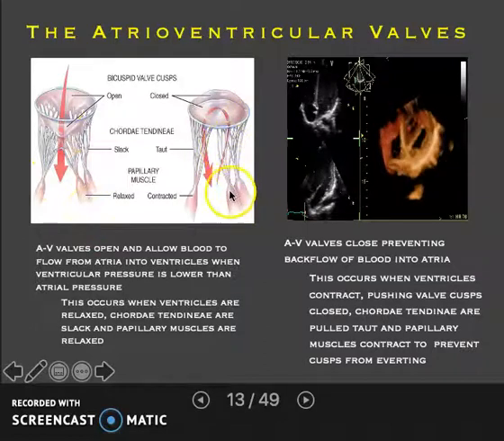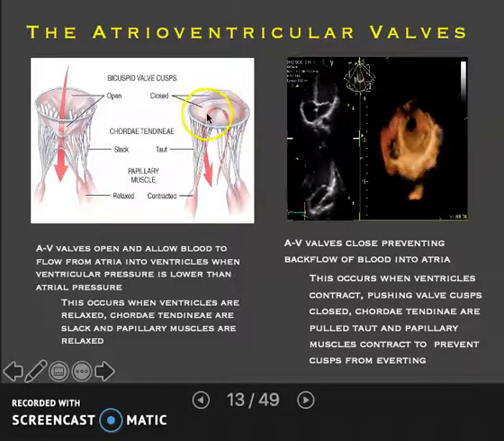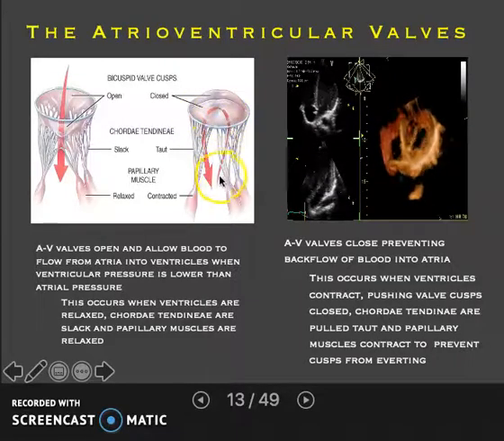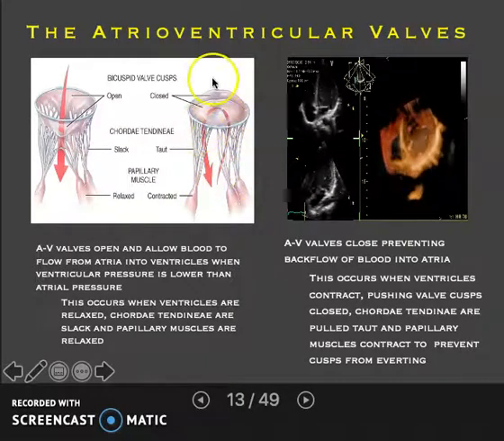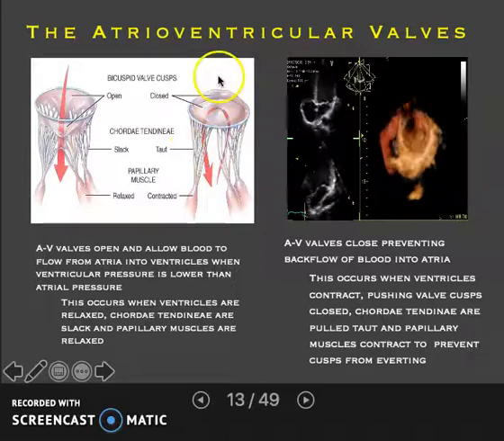So as these muscles contract and the chordae tendineae put tension here, it actually causes these valves to close up. And having these valves closed is really important, because the worst thing that I can have happen is to have these high pressures generated in the ventricles allow blood to be blown back into the atria.